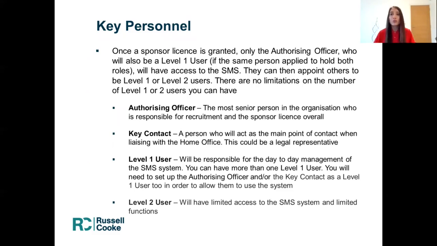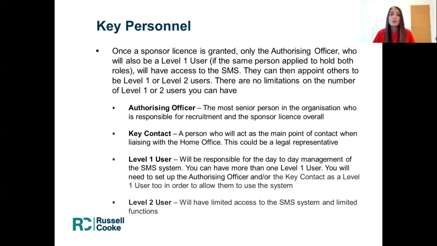So the authorising officer is usually the most senior person in the organisation who will be responsible for HR and recruitment of migrants, and will have overall responsibility of the sponsor licence itself. Now, the key contact is usually the legal representative.